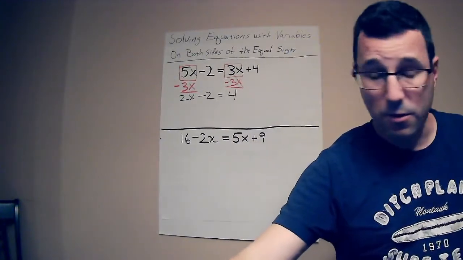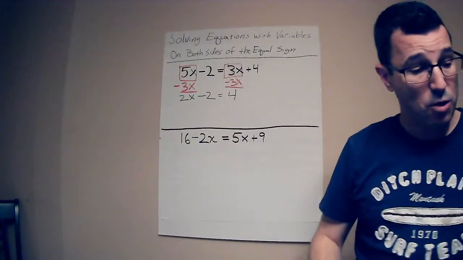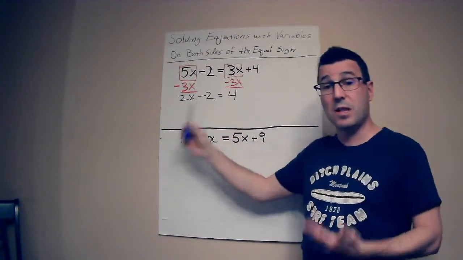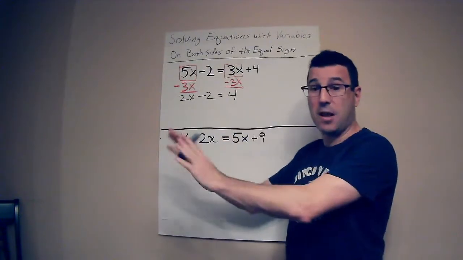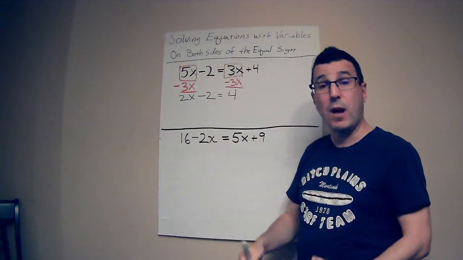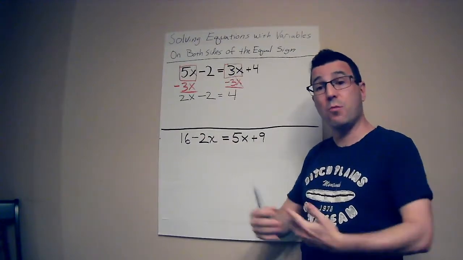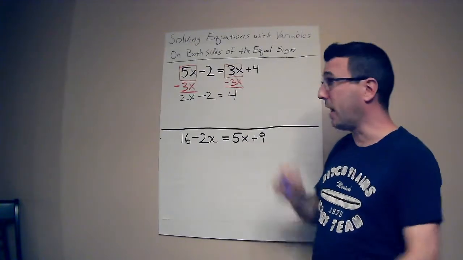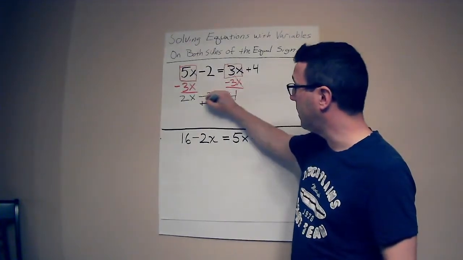What we will then do is start moving numbers off of the same side as the variable. So since the variable's on the left-hand side, it's going to stay on the left-hand side. So any numbers that are being added or subtracted from that, we're going to move first. We're subtracting 2. Opposite of subtracting 2 is adding 2.